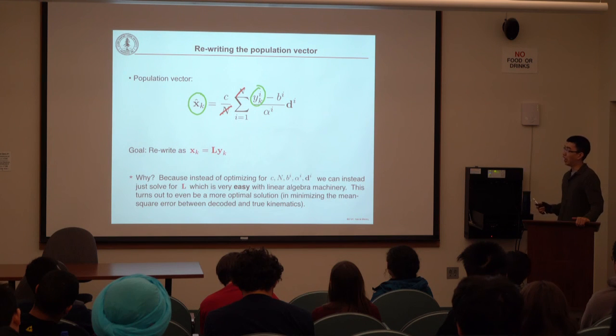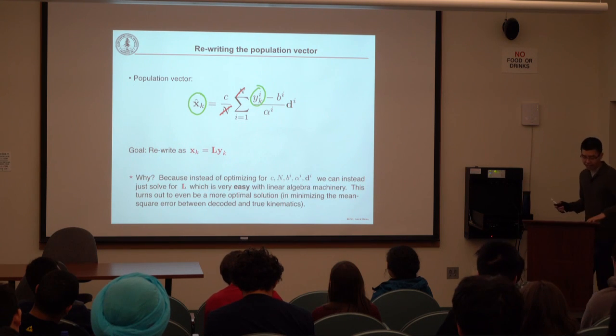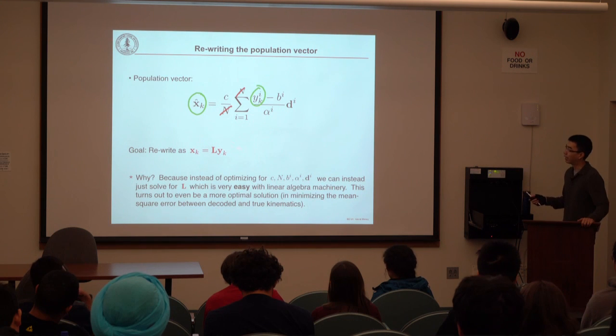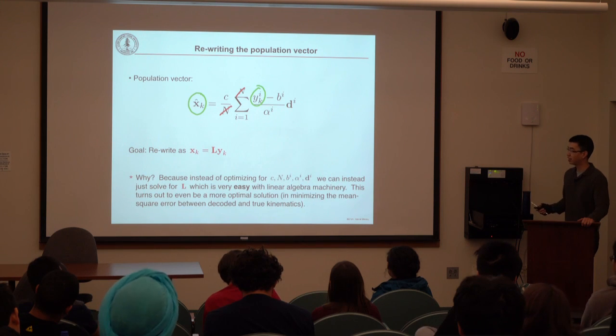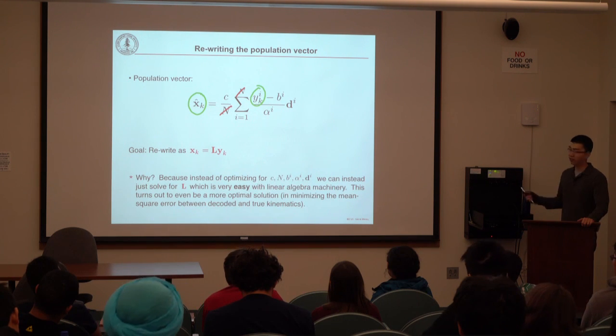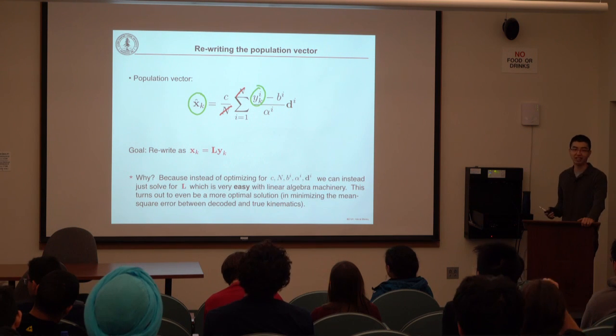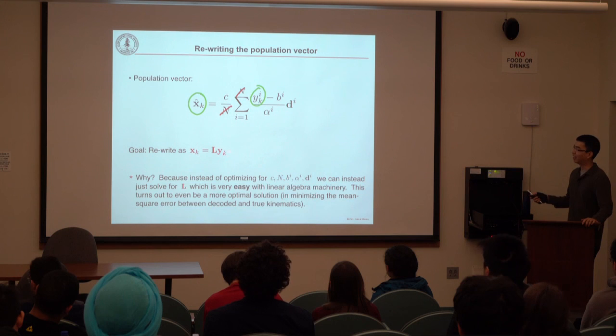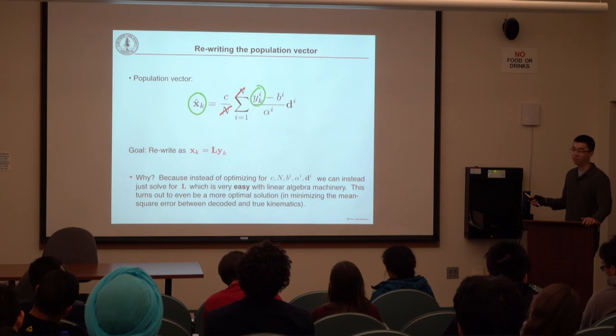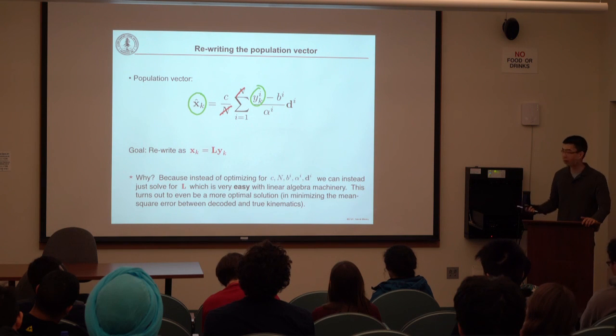And so when we return on Friday, instead we'll write this equation as a simple matrix operation. If we have the kinematics as a function of L times Y, that will simplify this problem by allowing us to solve for just this one variable L. Now, this one variable L inherently meshes all these coefficients together, but it's very easy to solve for L using linear algebra machinery.